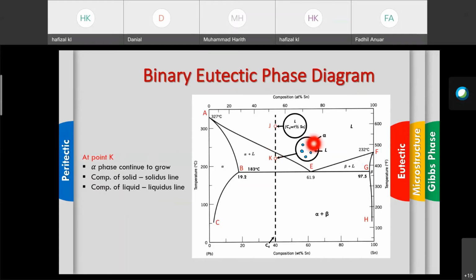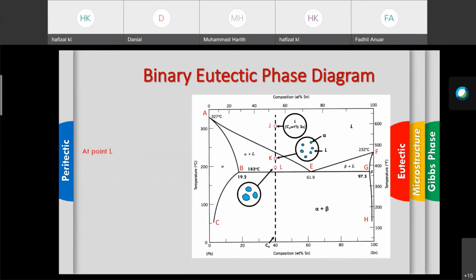And then we can see the nucleation takes place of the alpha. Okay, and we can see the blue color here. And then the composition at point L, the point L where the value is a little bit higher temperature.